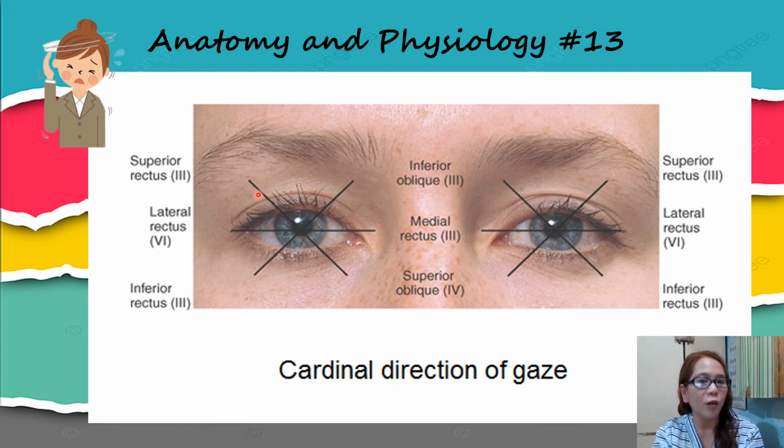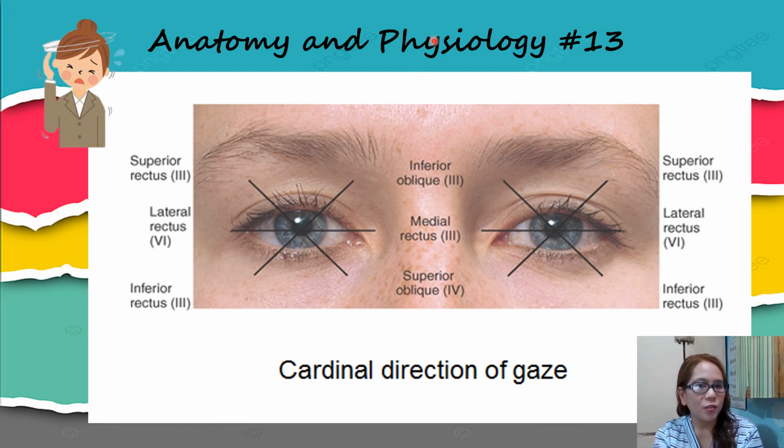Meron tayong 4 rectus muscles of the eye, the superior rectus, the inferior rectus, and the lateral rectus and the medial rectus. Okay. And we have 2 oblique. Okay, oblique muscles, the inferior oblique, okay, and then the superior oblique.